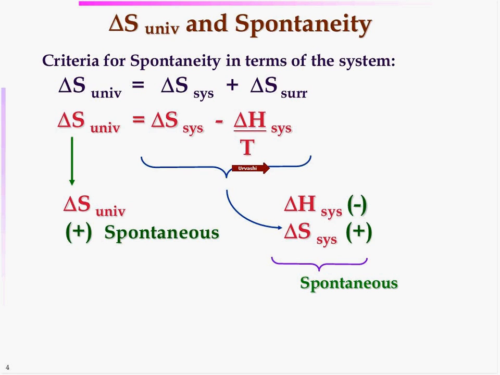Temperature is definitely positive, as 0 Kelvin is the lowest temperature possible; on a Kelvin scale we always have positive temperatures. T is measured in Kelvin, so delta H of the system should be negative. Then this quantity becomes positive and the reaction will be spontaneous.